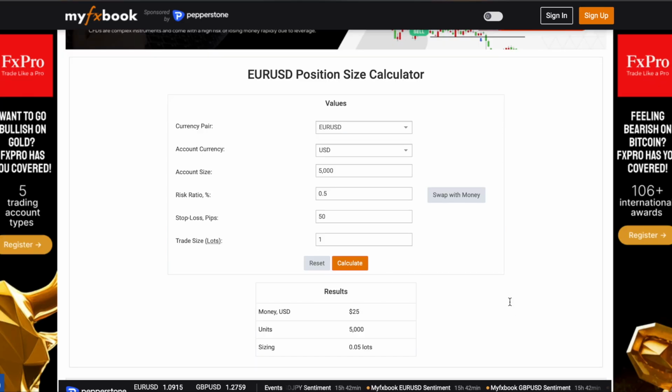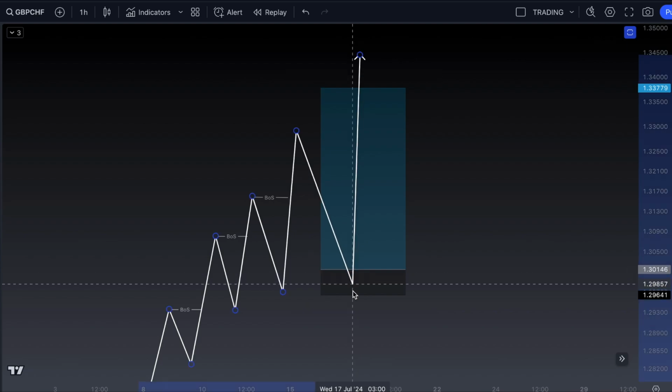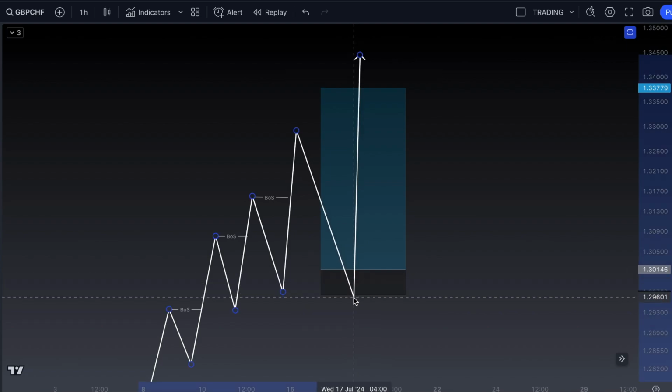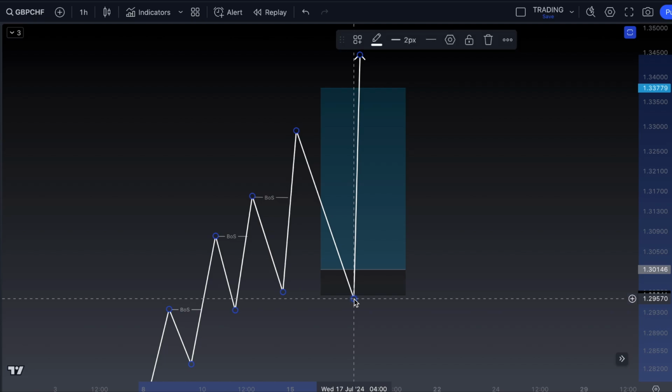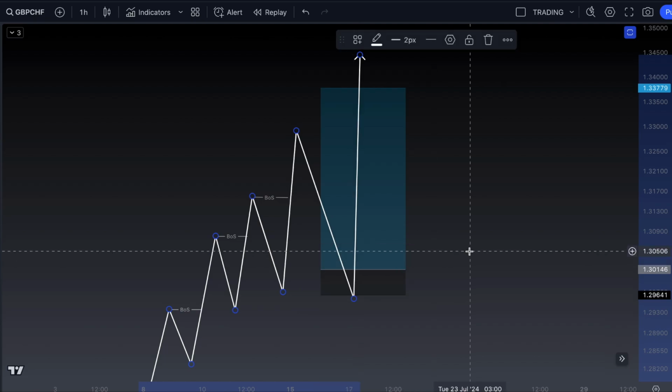So in order for me to risk 0.5% of $5,000 with a 50 pip stop loss, I would need to use 0.05 lots per trade, meaning that if price was to come down and hit my stop loss, I would have only lost 0.5% of $5,000. So 1% would be $50, 0.5% would be $25. So on a $5,000 account, you are risking $25 per trade.